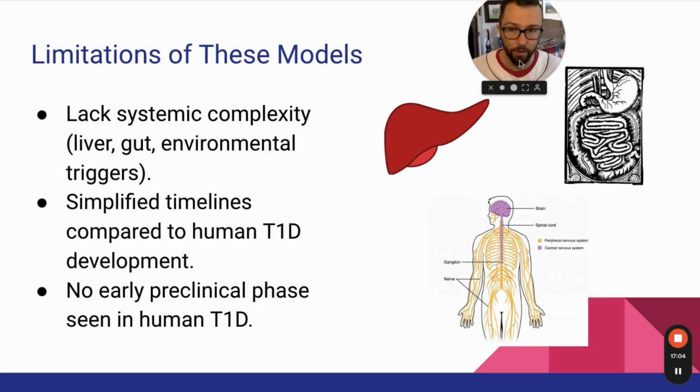This could come from the liver, it could come from the gut, it could come from the nervous system and environmental triggers. It's probably a perfect storm of all of them. So it's very, very hard to replicate that consistently in a mouse model.